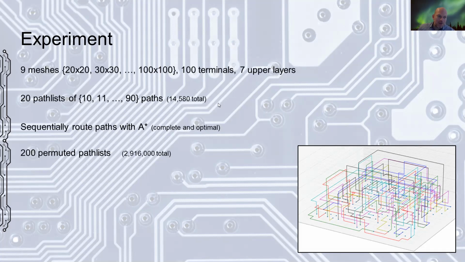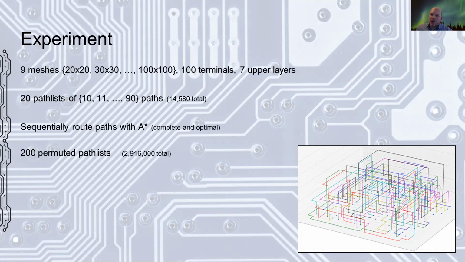For each of these 9 meshes, we have 20 path lists varying from 10 to 11, 12, 13, 14, etc. paths to be routed within that mesh. And this accounts for a total of roughly 14,500.